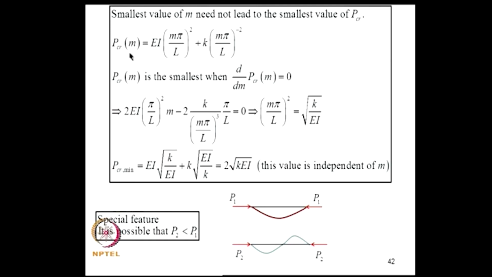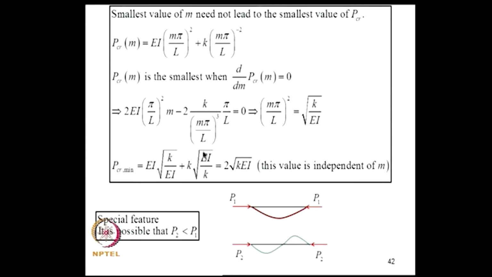I will express P critical as a function of m, and if I use the criterion d by dm of P critical equal to 0, then I get an equation, and from this I get the relation between m and all these parameters. If m satisfies this equation, that is the value of m for which P critical will be the lowest.